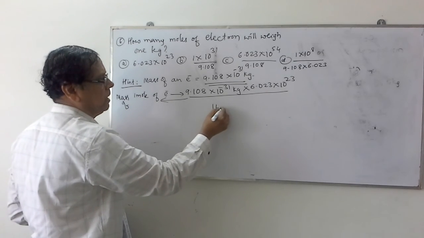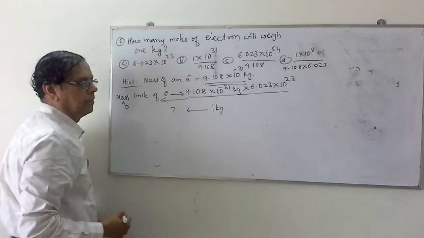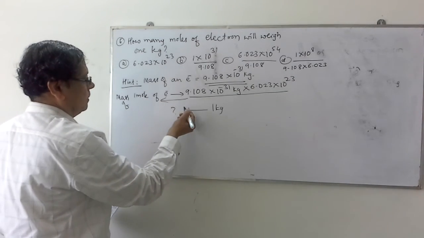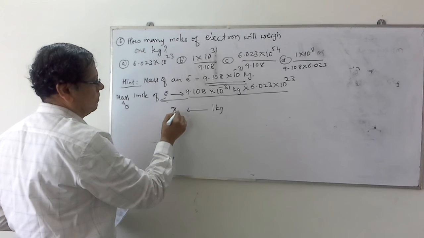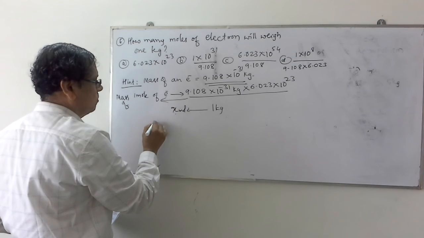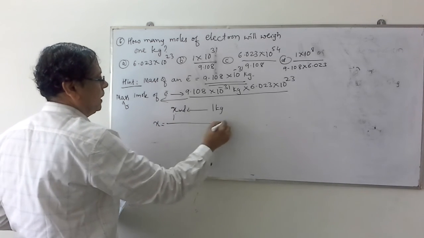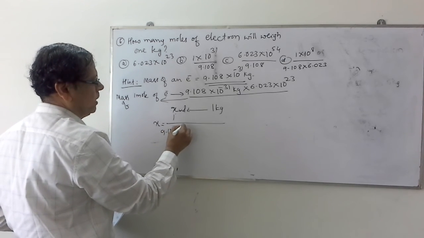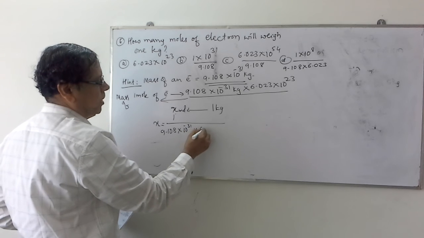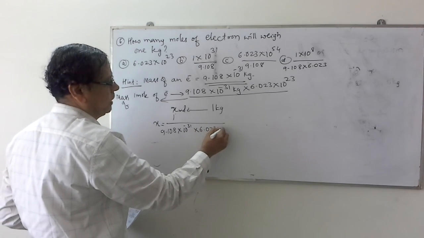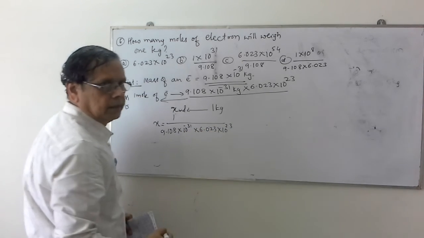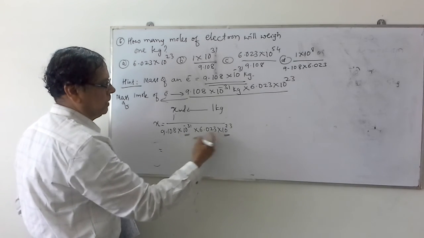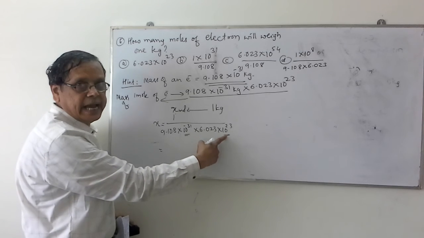Therefore, 1 kg will contain how much? Assume that this is X mole. X mole is equal to 1 divided by 9.108 into 10 to the power minus 31 into 6.023 into 10 to the power 23. 10 to the power minus 31 and 10 to the power 23 will give rise to 10 to the power minus 8.